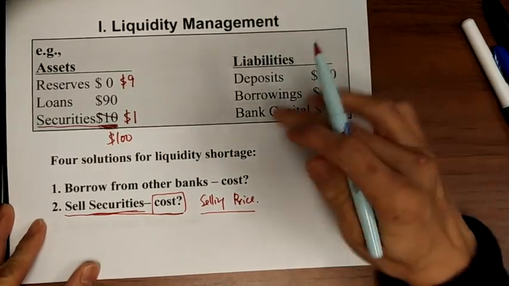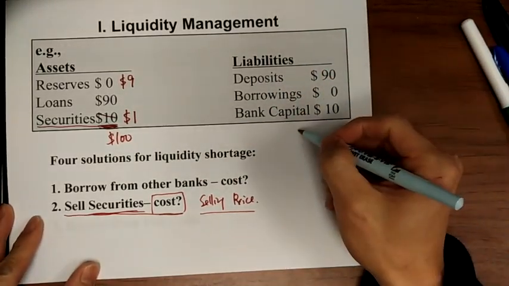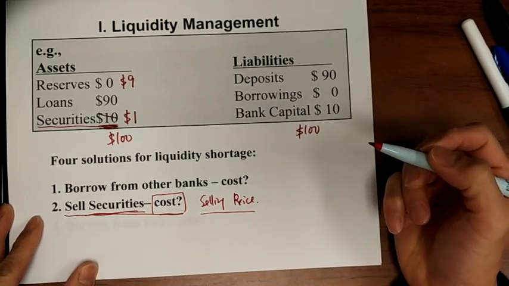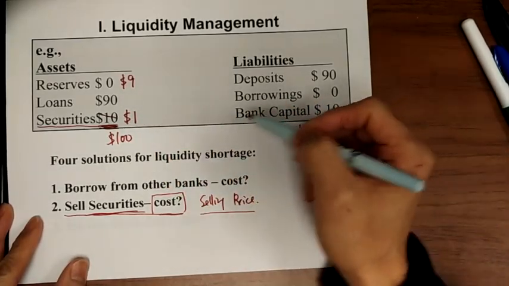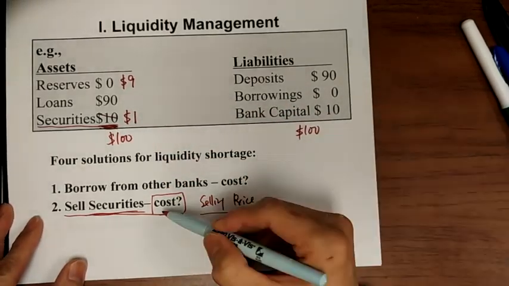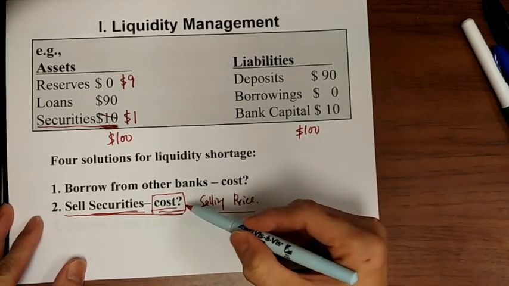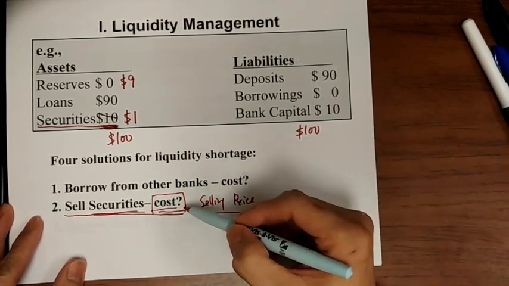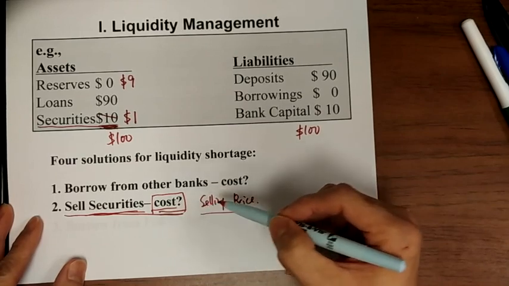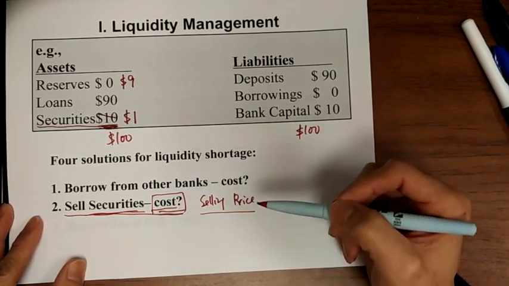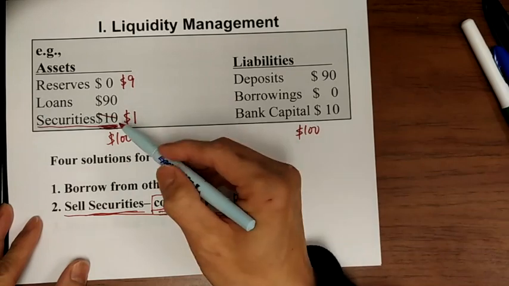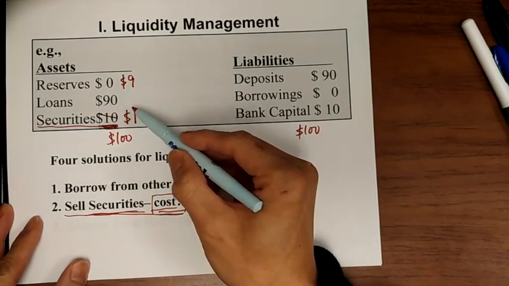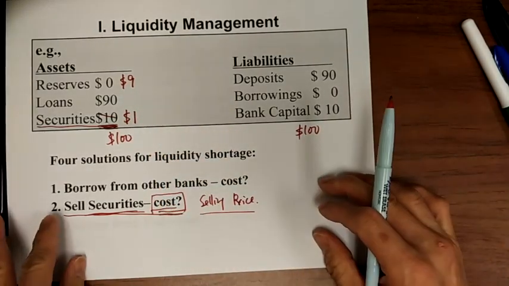Liability doesn't change because you don't borrow any more money. It is still $100. The balance sheet is balanced, but the cost is you may have to lower the price of your security in order to sell it. Okay, then you will have to have some loss here.